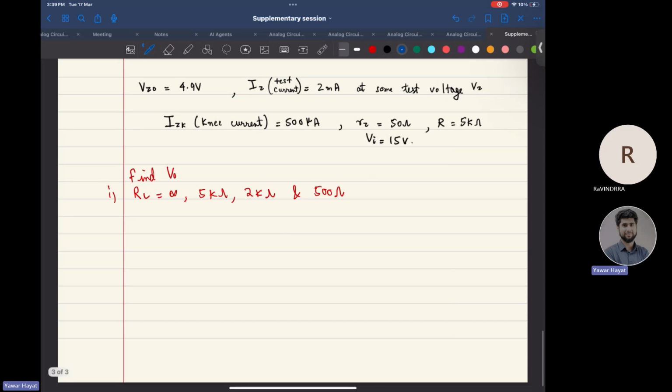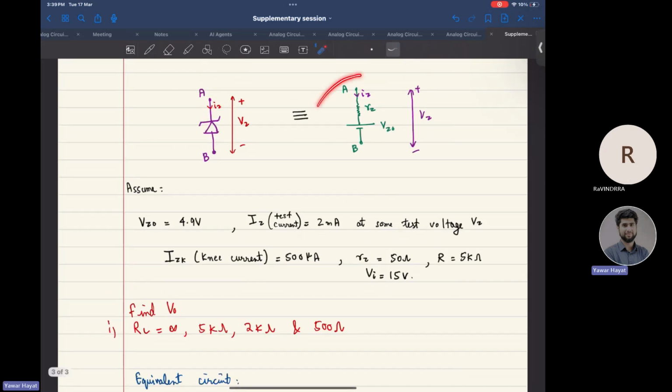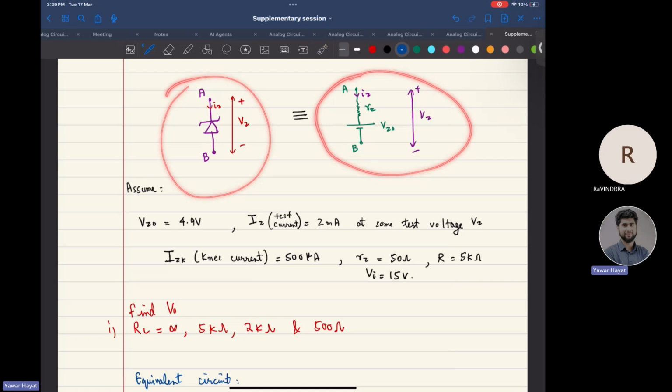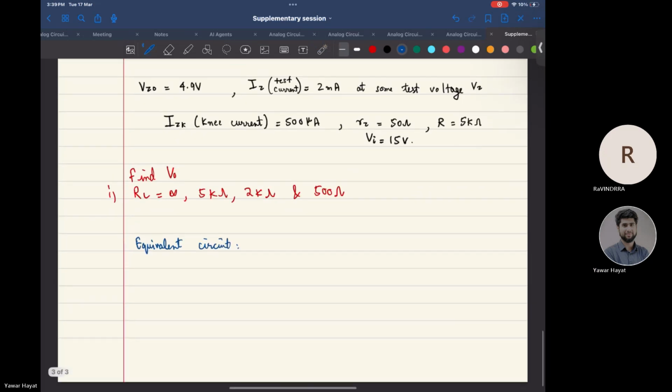So I'll write the equivalent circuit, wherein I'll be using this model instead of this. This is how the equivalent circuit would look.